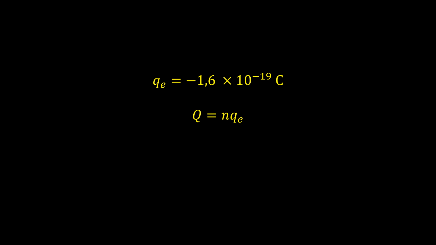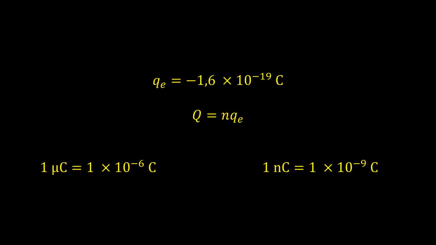In electrostatics, we often work with charges in microcoulombs, or 1 multiplied by 10 raised to the power of minus 6 coulombs. Micro means 10 raised to the power of minus 6, or sometimes we work with nanocoulombs, where it is 1 multiplied by 10 raised to the power of minus 9.